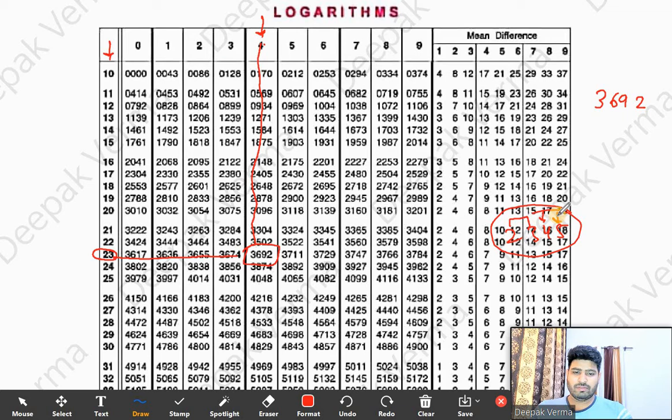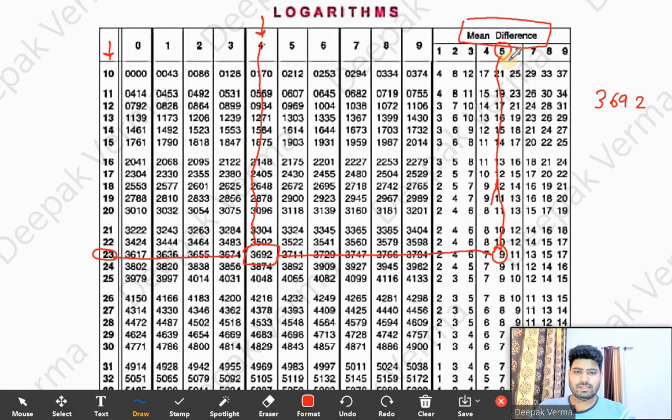Now come here. We have 5. So you can see we have the mean difference columns. So you will have to look into column number 5 in mean difference and come down, and here move towards the right, and column 5. So what you get here, this is column 5 and this. So you get the number 9.